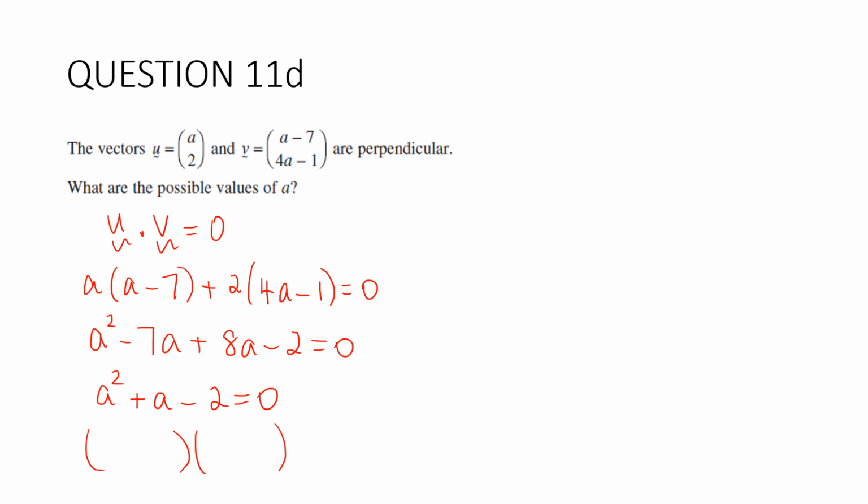Factorise. We want positive a, so I want the bigger one to be positive. Therefore, a is equal to 1 or negative 2.